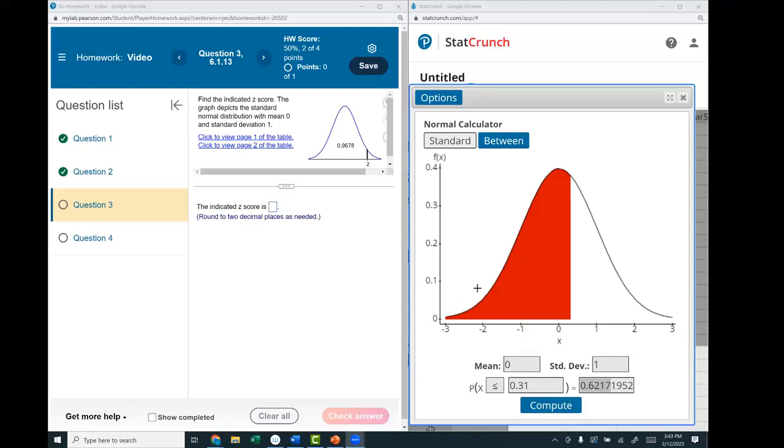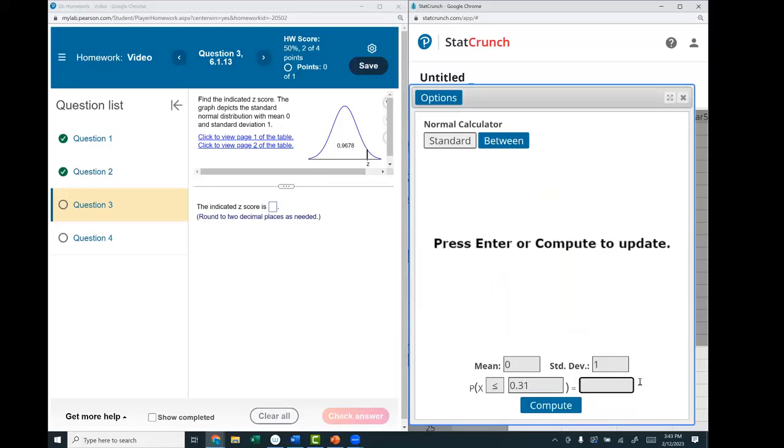So here for this, all I do is find the indicated Z-score. Okay, so now they're giving us not the Z-score, they're giving us the area under this curve, and they want us to return to them the Z-score. So I'm going to put in here, in the probability side, which is the same as the area side, 0.9678.